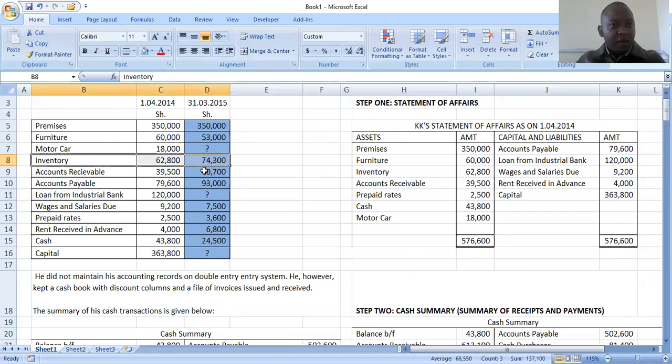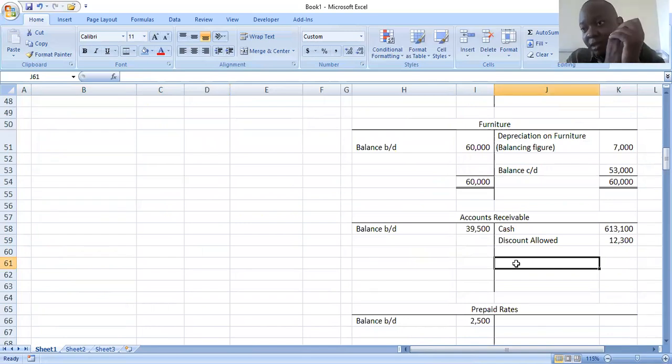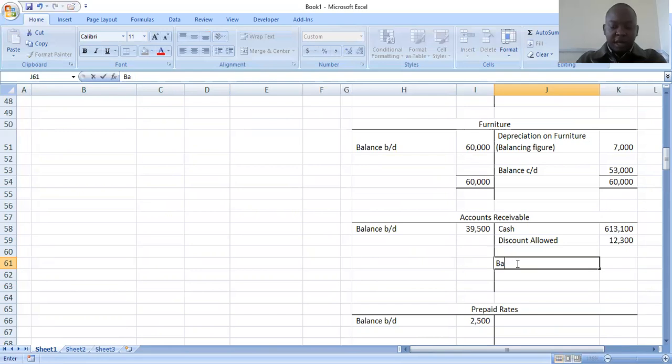The other account we have is accounts receivable, whose balance carried down at the end is 4,700. Accounts receivable, being assets, always have a debit balance, and on closing the balance appears on the credit side as a balance carried down.